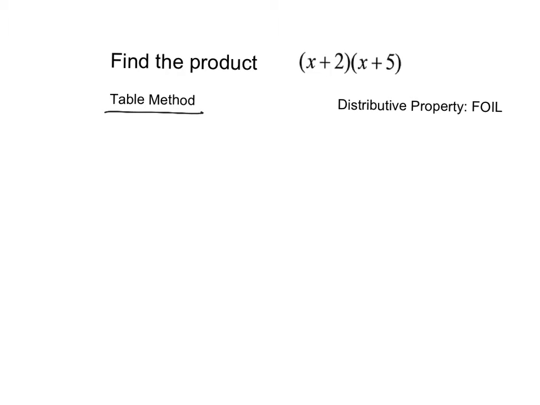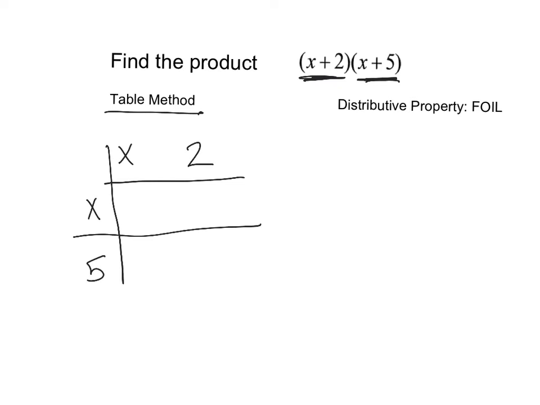All right, so I'm going to do table method first. I have one binomial times another binomial. So across my top, I'm going to have x and 2. Across my left-hand side, I'm going to have an x and 5. Now I'm going to multiply row times column. X times x is x squared.